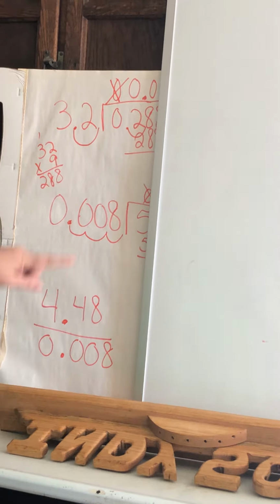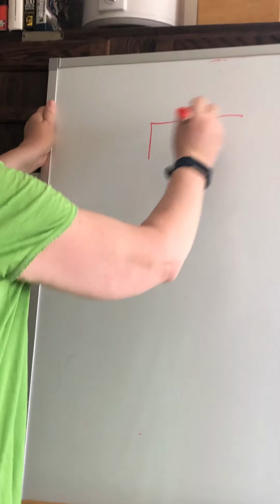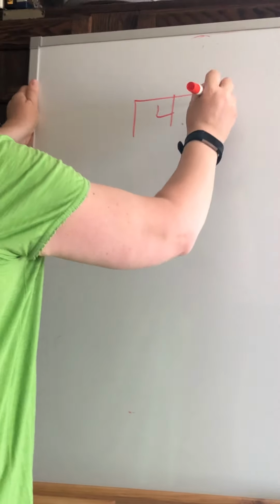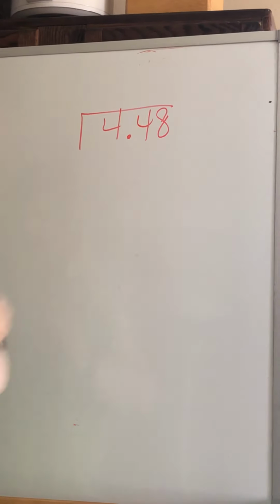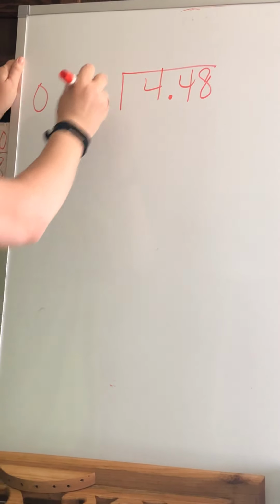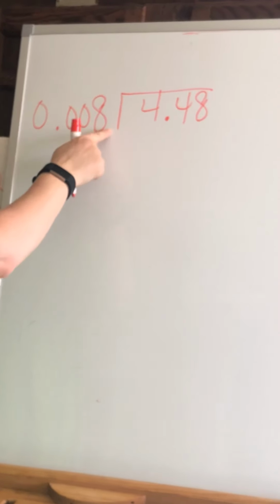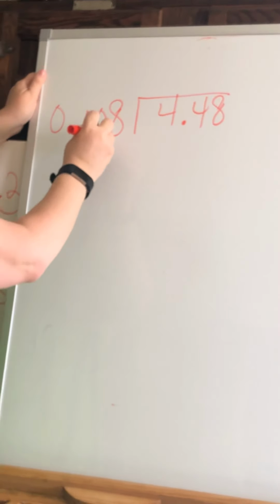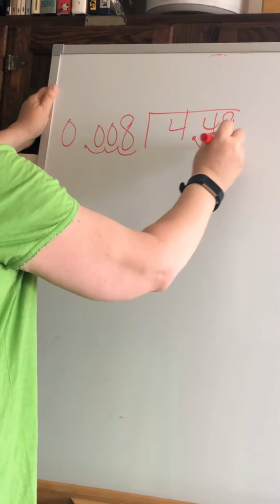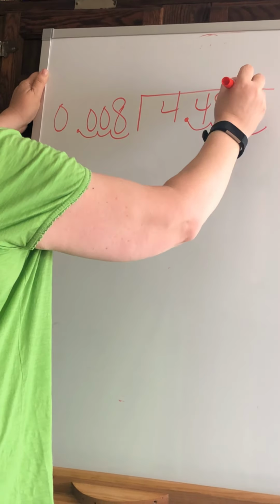And if you said it's the one on top, you won. All right. So 4.48 and then 0.008. All righty. I've got to move this decimal over here 3 times. 1, 2, 3. 1, 2, and 1 more 0 makes 3.